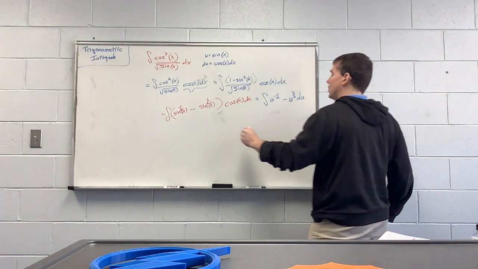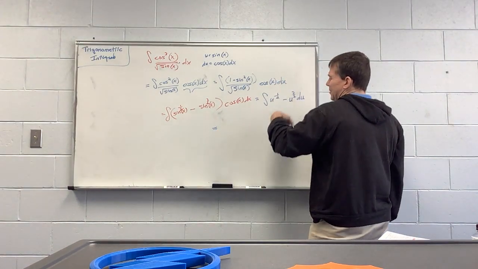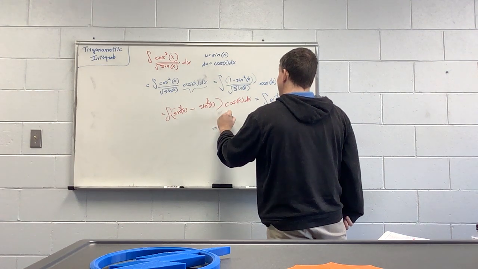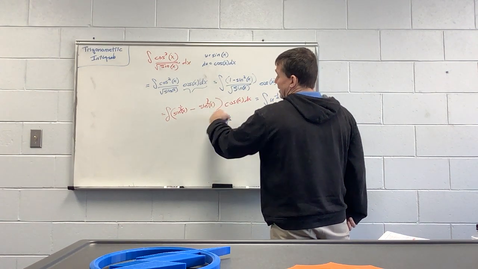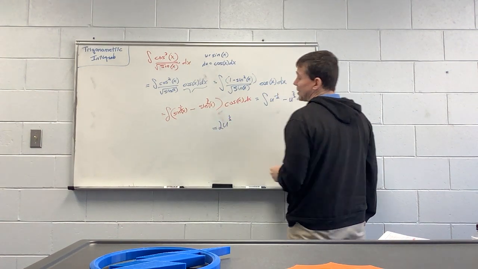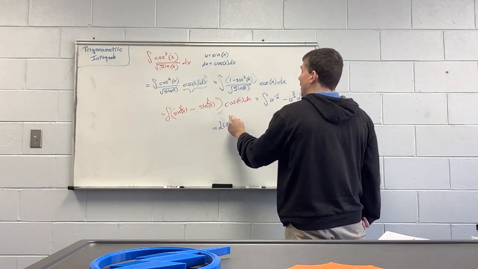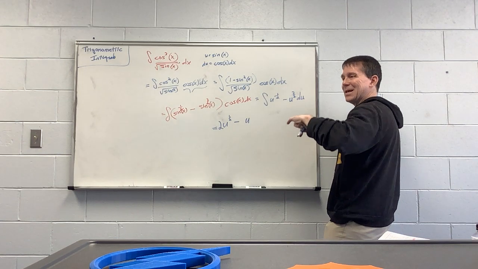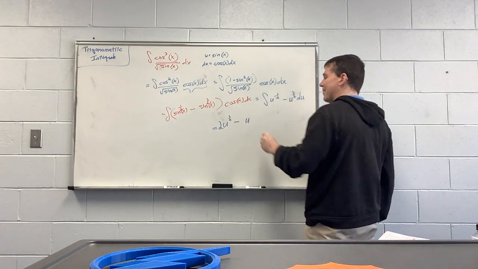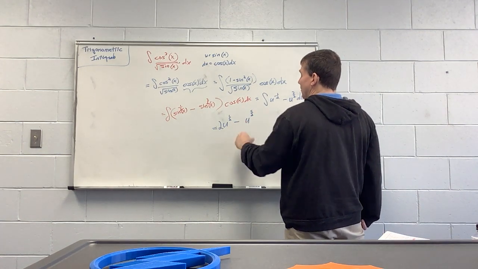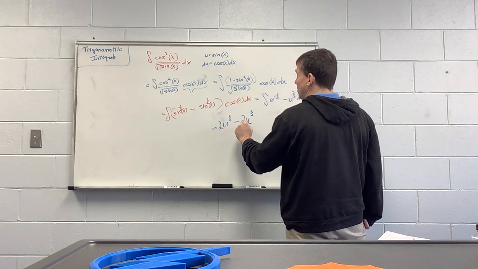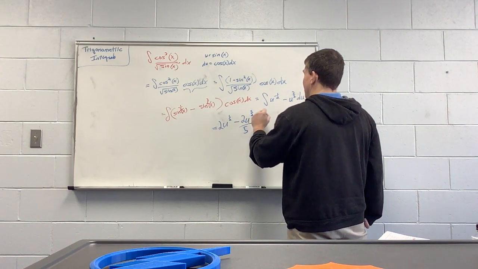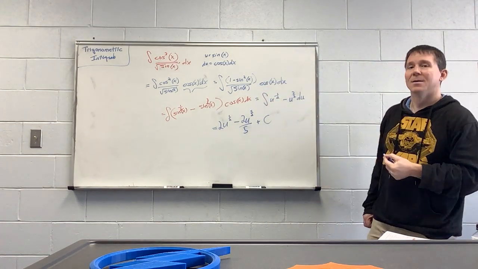Now just do the power rule. Let's see, raise the power, negative 1/2 plus 1 is positive 1/2, so it's u to the 1/2. Then you divide by 1/2, which is the same as multiplying by 2, minus u to the 3/2, raise the power by 1, 3/2 plus 1 is 5/2, divide by 5/2, which is the same as multiplying by 2/5, plus c.